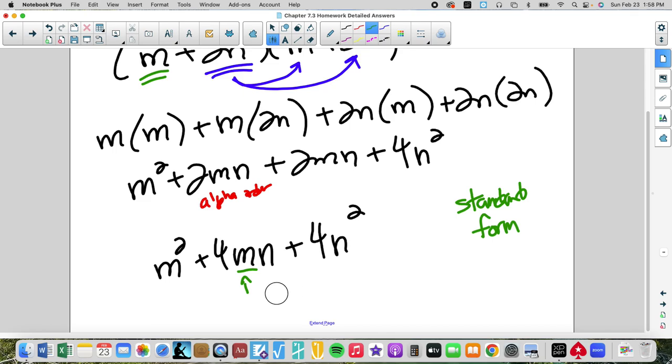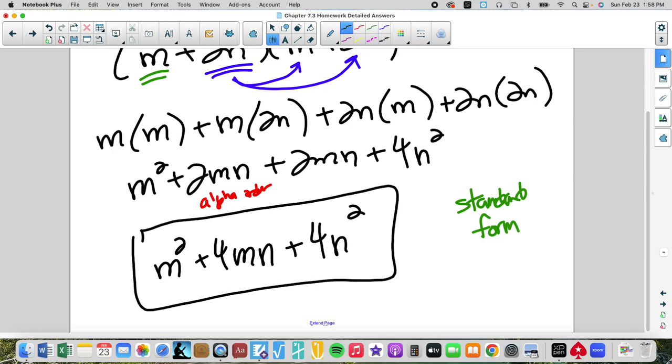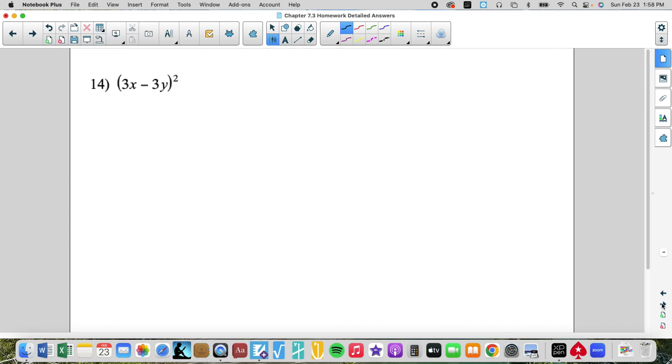So this term will always come before, even though this is n squared and this is n, this term has an m. Alphabetical order. m is always going to come before n. So this is in standard form. Hopefully you saw that. Whoa!